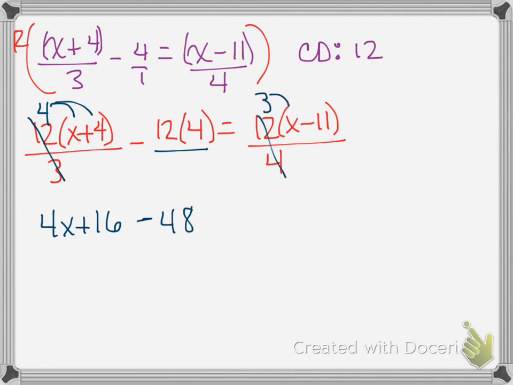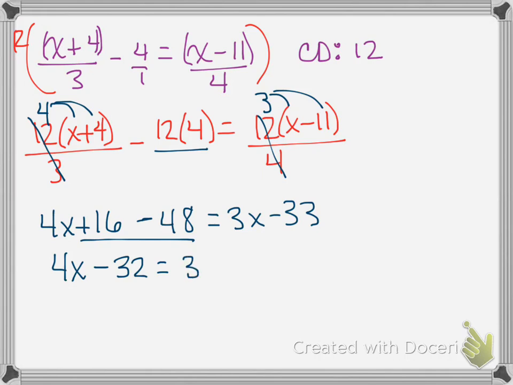This becomes a 3 that I have to distribute, equals 3x minus 33. And now we've distributed. We can collect like terms. 4x minus, what is that, 36, 32 is equal to 3x minus 33.